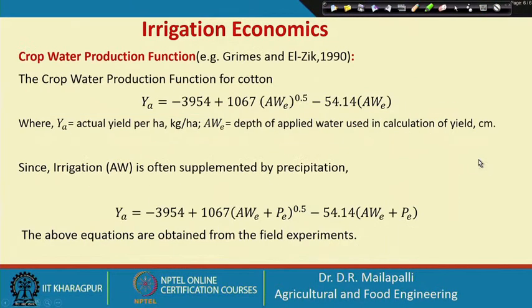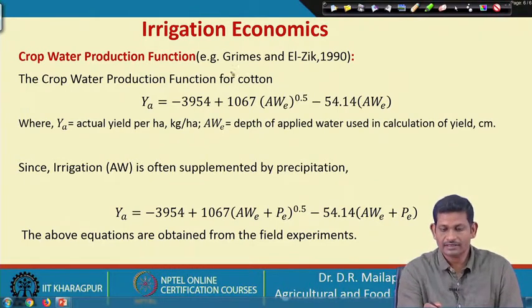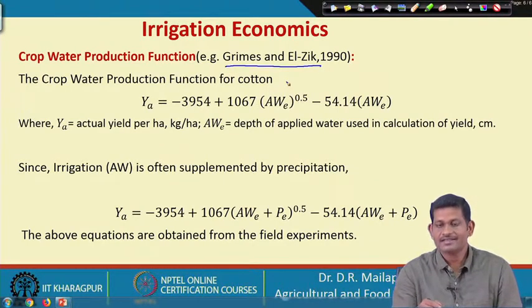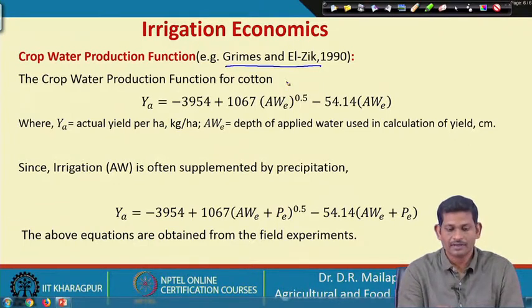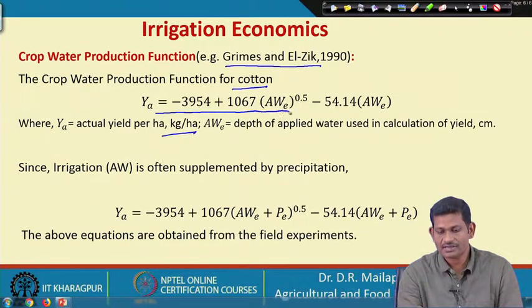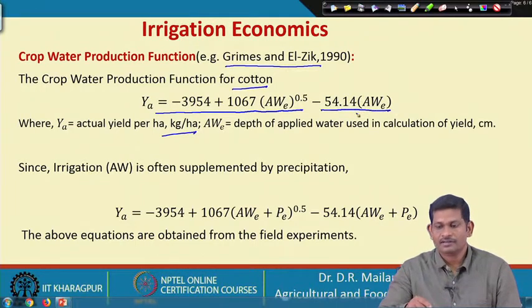Next we are going to see the crop production function given by Grimes and Helsel, 1990, especially for cotton. Here Ya is the actual yield in kg per hectare, equal to minus 395 plus 1067 into AWE, where AWE is the experimentally applied water depth, plus 54.15 into applied water.